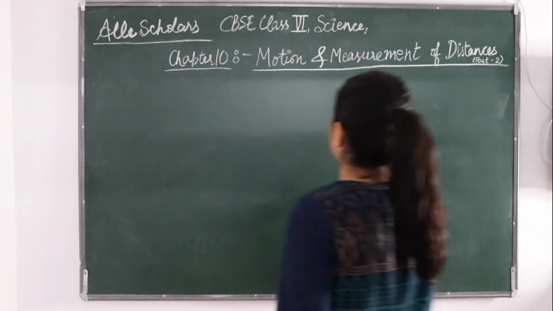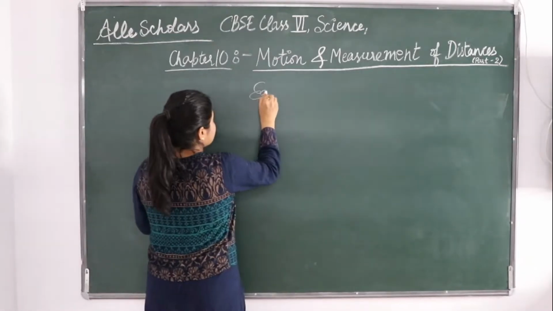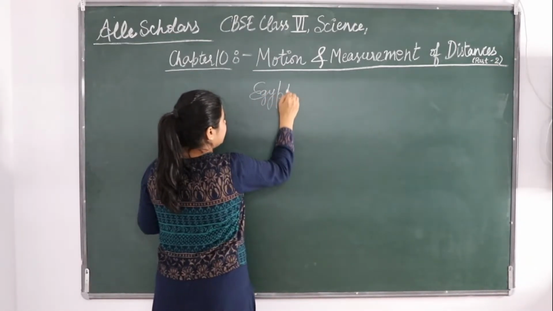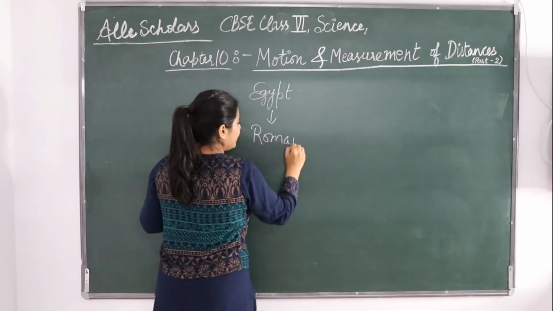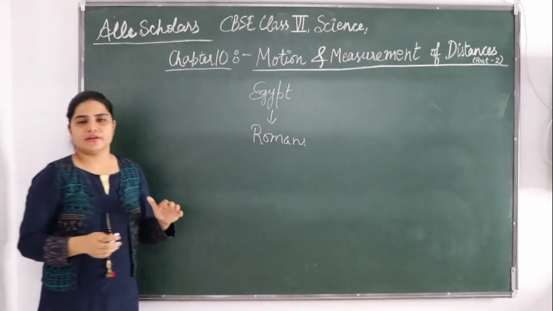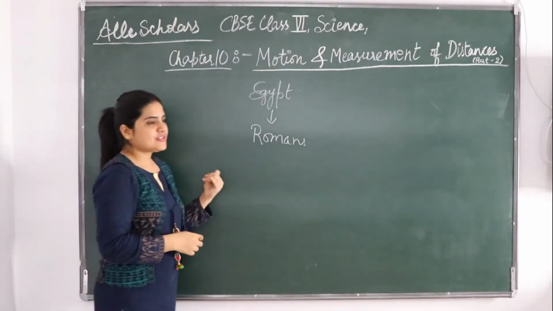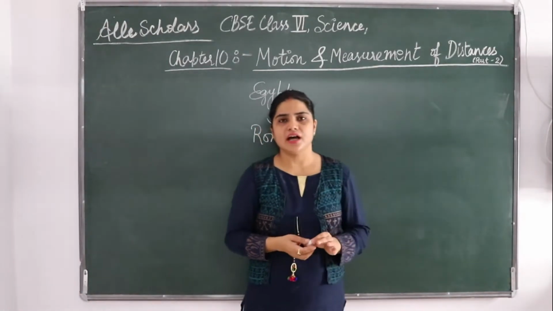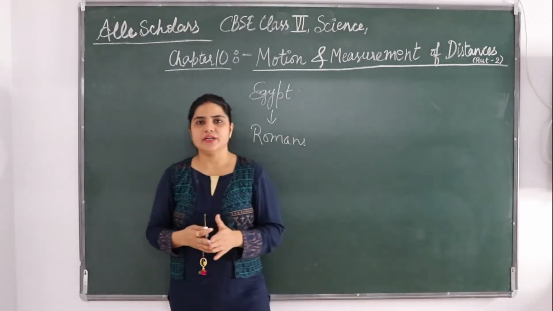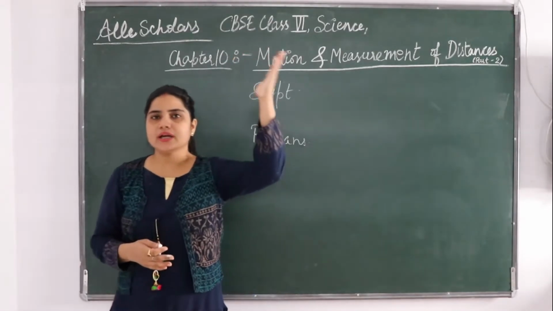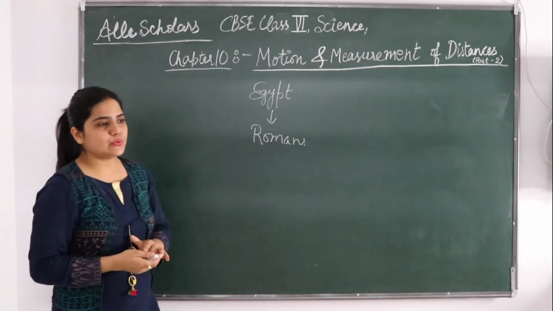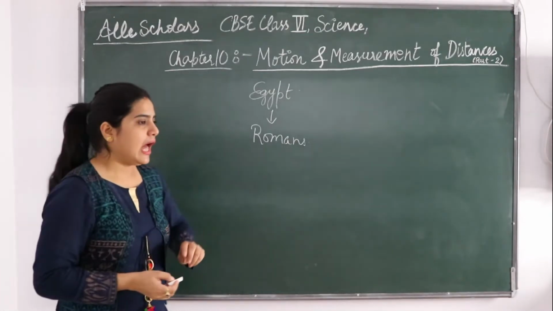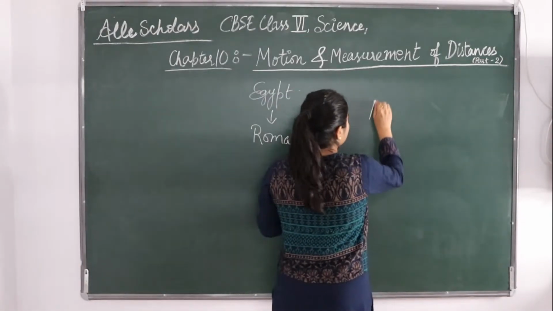We have seen how they used the measurement. Then came the Romans. Roman people also used their pace or steps for measuring things. In ancient India, a small length measurement was used. What they used was a small measurement unit called angur.